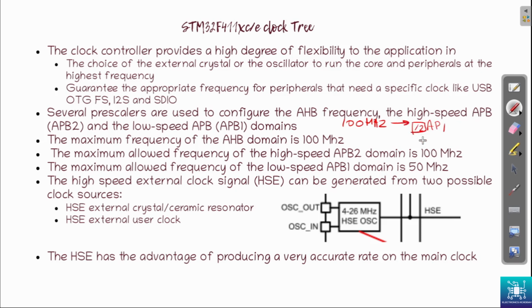So there is a divide by 2 prescaler block which you have to activate, so that even though the clock frequency for the processor is 100 megahertz, you get 50 megahertz here, because this one cannot go above 50 megahertz. Okay, this will not function above 50 megahertz.